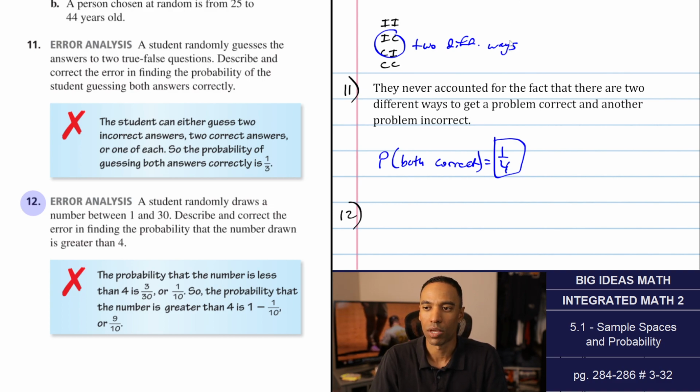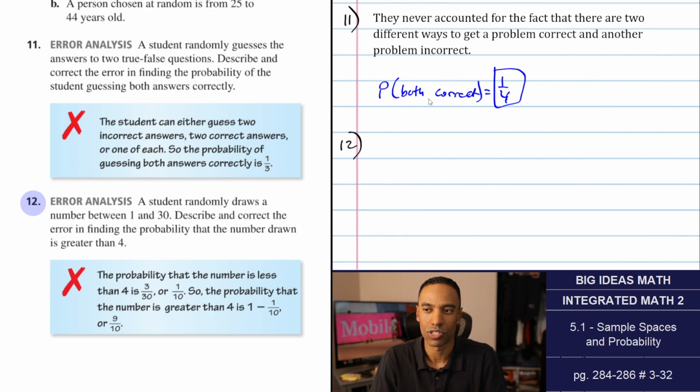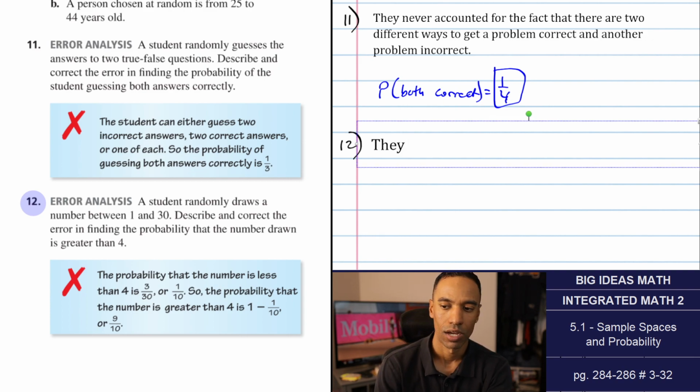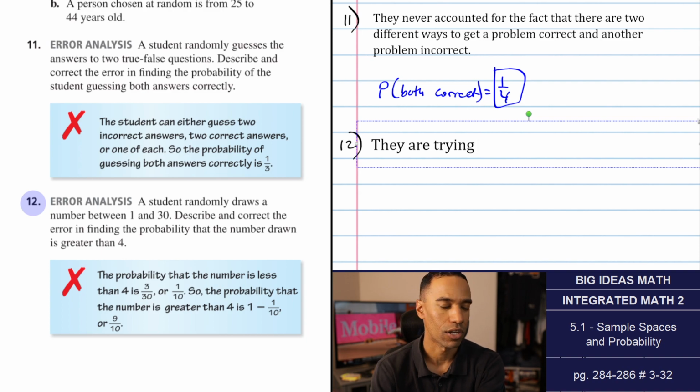Yeah, no. What they wrote was kind of incorrect here because we never counted that a student draws a 4. So they are trying to find, they're doing the complement idea right, they just kind of messed up on it.